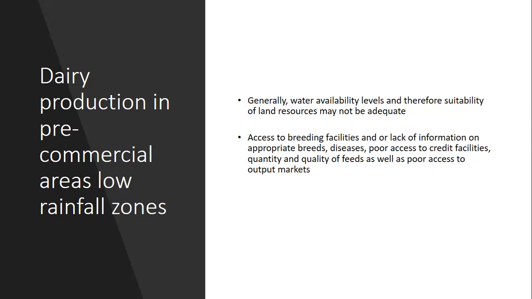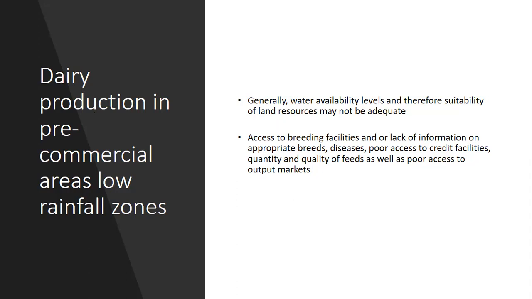Usually the land that is available does not seem suitable for production of dairy because of the low rainwater availability, which makes it difficult to provide feeds to the animals for commercial dairy production. Additionally, these areas are constrained in high productivity dairy activities by low access to dairy facilities and a low level of information provided to them on the type of breeds and the diseases.